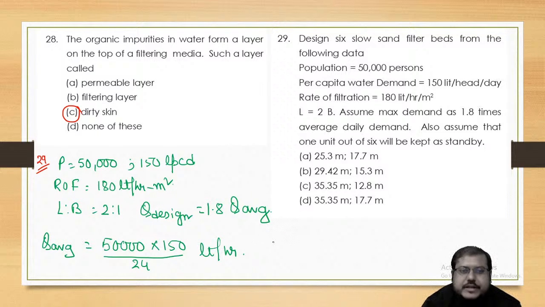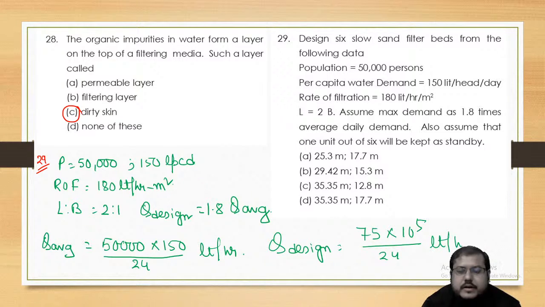So quite obviously Q design will be 75 into 10 to the power 5 by 24 liters per hour.